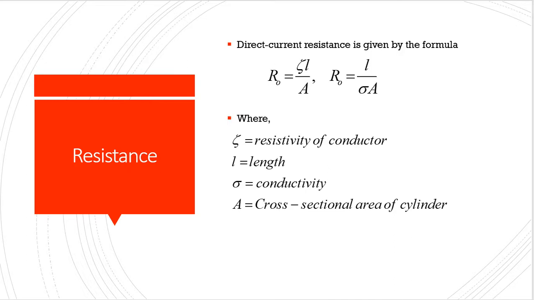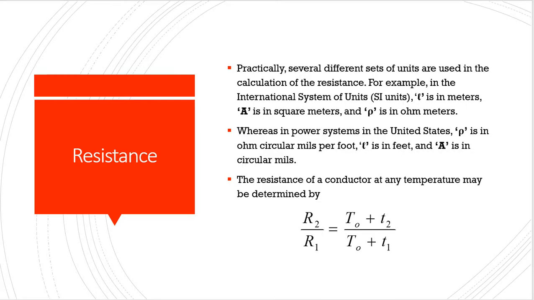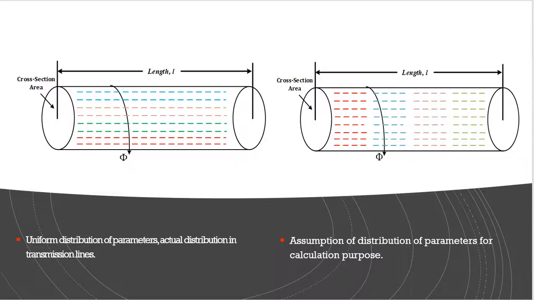And likewise, A represents the cross sectional area of the cylinder, which I have already told you in the previous slide. Here, this is basically the cross sectional area. Here is the length of this conductor, and here are the electric lines of force, and this one is flux.